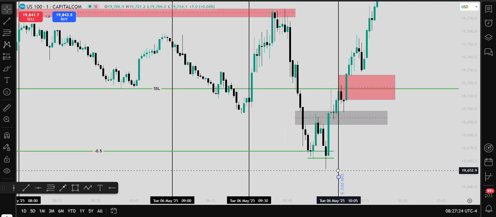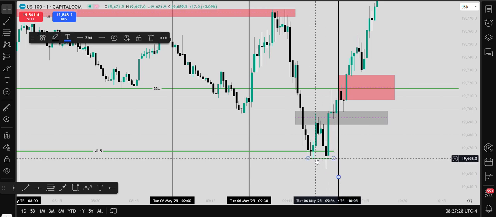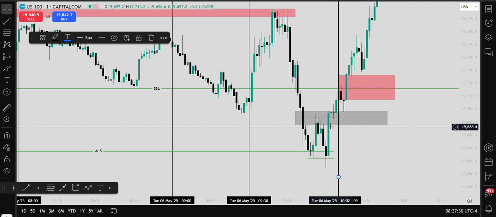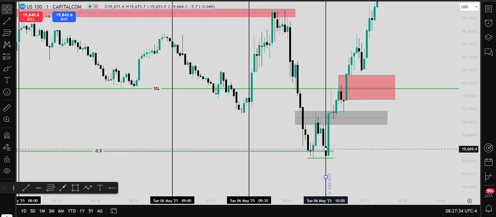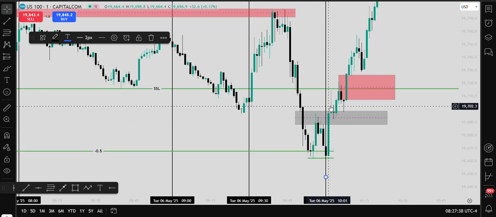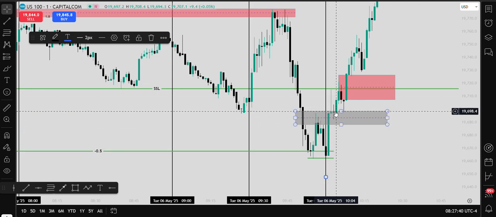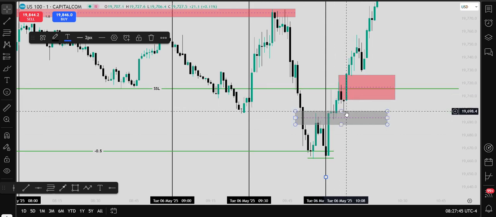Let me just take this on to the side so that you can see. Took out that liquidity below this low and retraced further up. I returned this one where it's supposed to be at 10. And once it closed above the CB, the market retested that area.